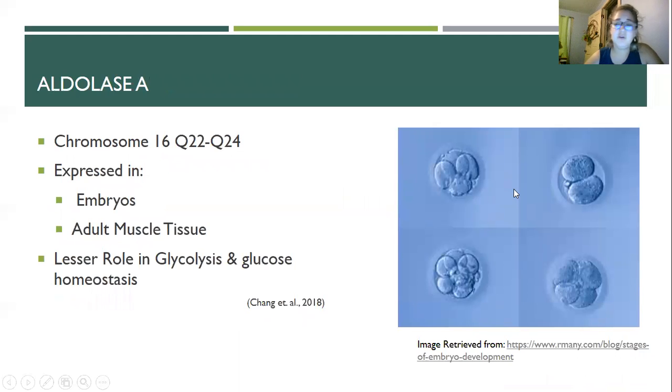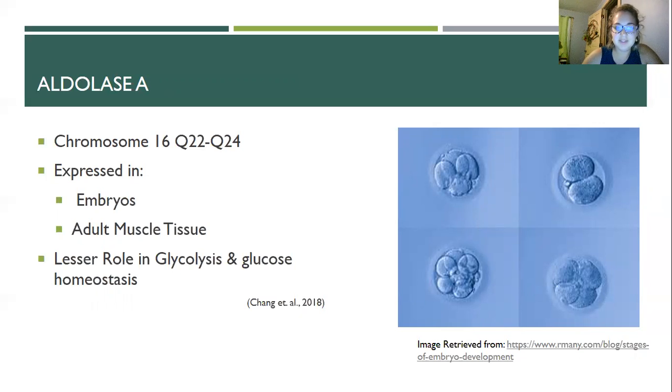So first off, where can we see these being expressed in the body? We know that they happen in different areas of the body. Aldolase A is on chromosome 16q22-q24. Expression-wise, where is this gene expressed?